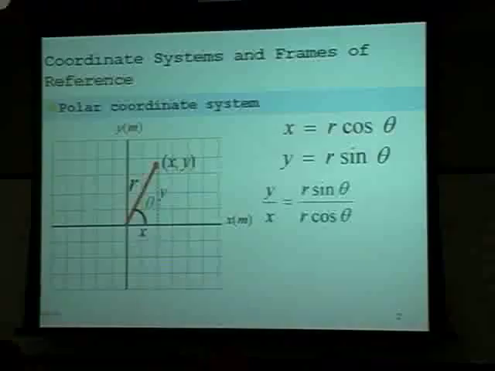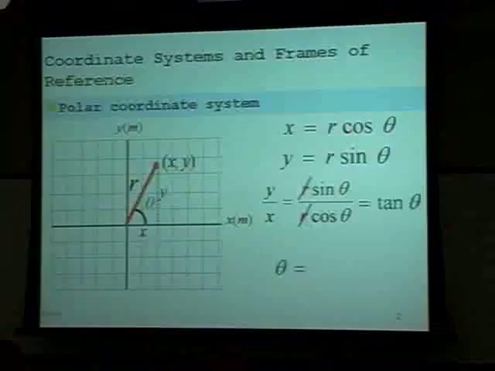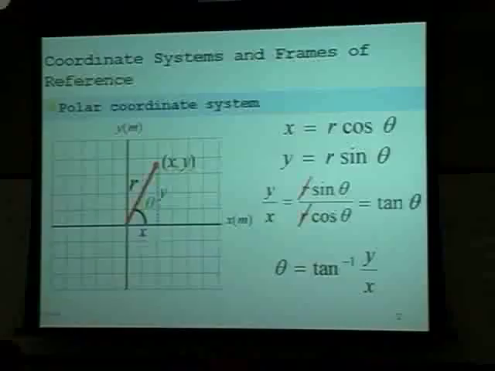And y divided by x would be r sine theta over r cosine theta, which would be tangent of theta. So with that in mind, I could say that theta is equal to the inverse tangent of the value of y over the value of x. This allows me, if I knew what x and y were, I could find out the angle theta. So I could get that variable.